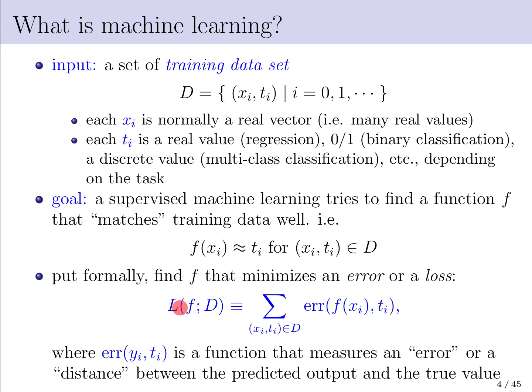So the goal is to minimize this loss, or to find f that minimizes the loss. Like I said, this error term, the error between yi and ti, is a function that in some way measures the error or the distance between the predicted output and the true output.